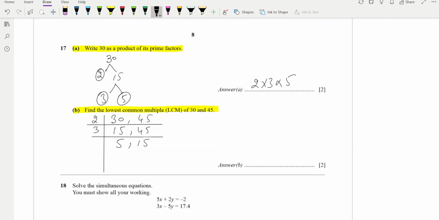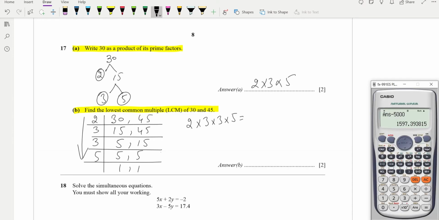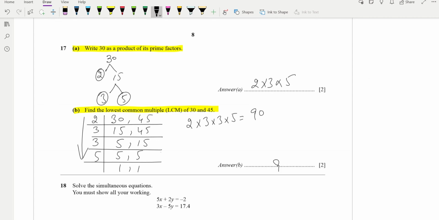Now we can divide again by 3, so it will be 5 and 5. Now we can divide by 5, so this will be 1 and 1. Now we will multiply all these numbers, and it will be 2 into 3 into 3 into 5, which is equal to 90. So 90 will be the LCM.